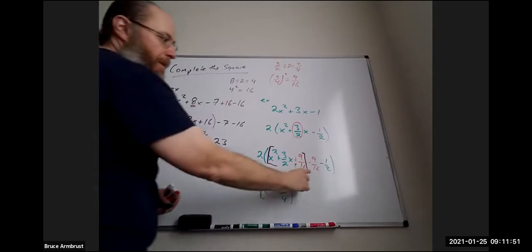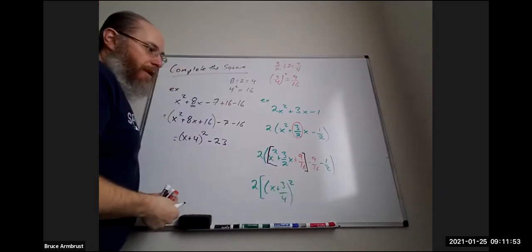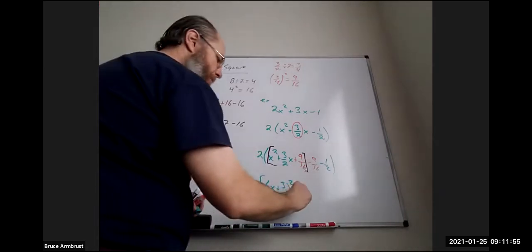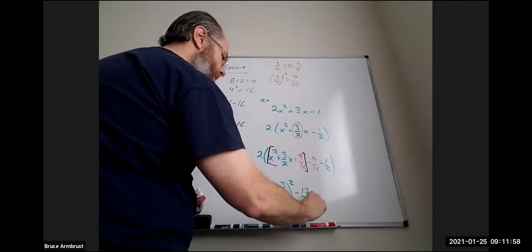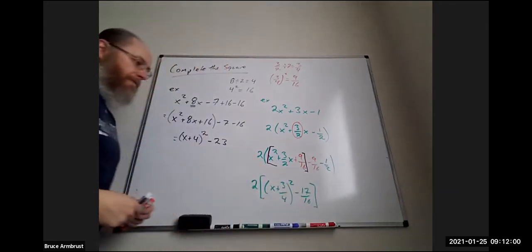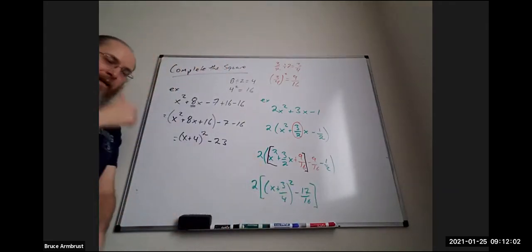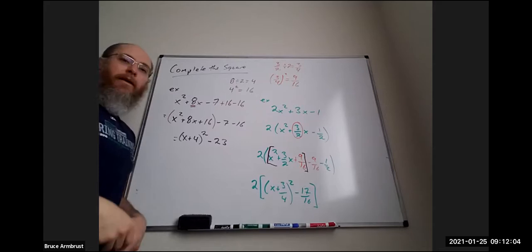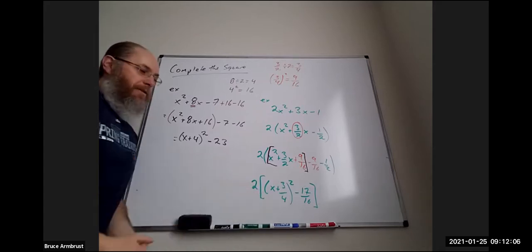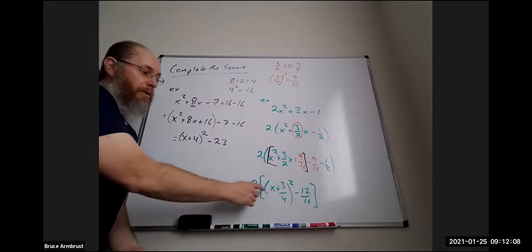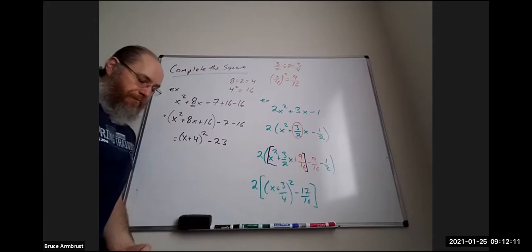I still have my minus 9/16 minus 1/2. If I put those together, that's minus 17/16, getting a common denominator and whatnot. But again, we just completed the square. We wrote it as a perfect squared term.